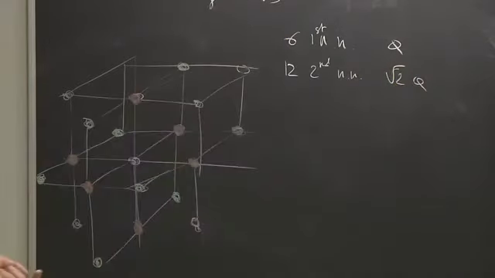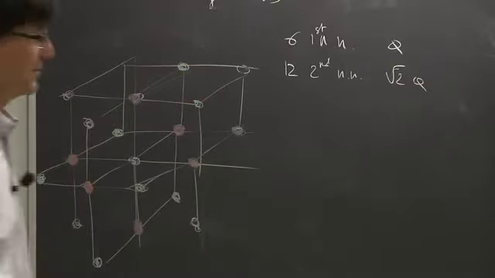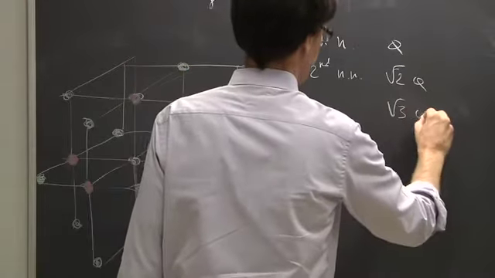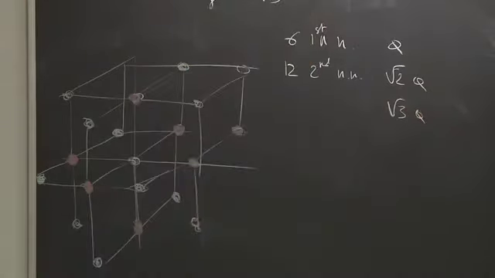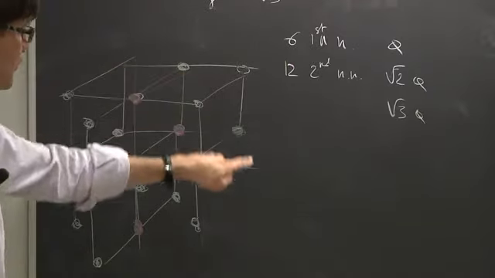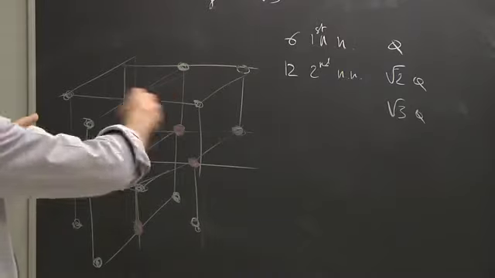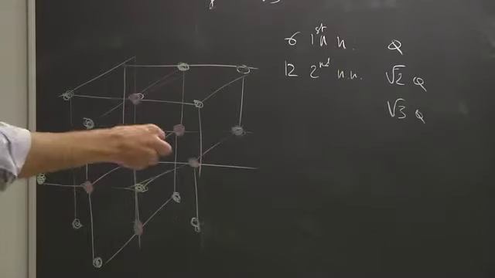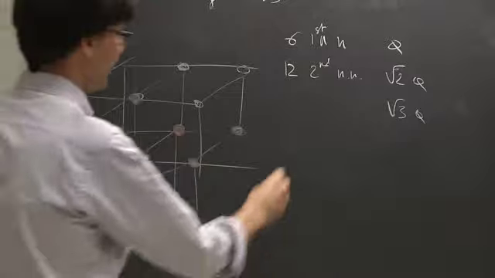And then the next shell is the one at square root 3A. How many? 8, right? I need to look for the corners of the cube. These are the corners of the big cube, of the cube of side 2A. So I have 8 of them.